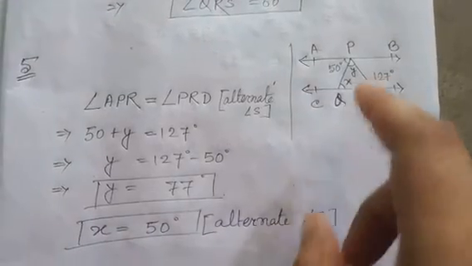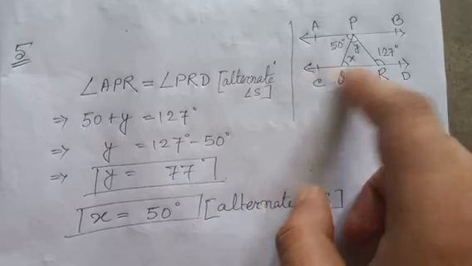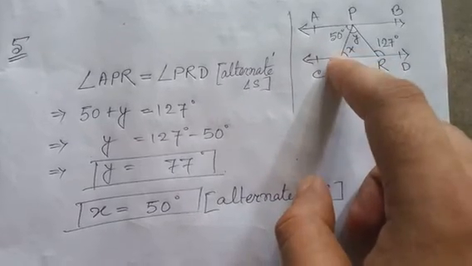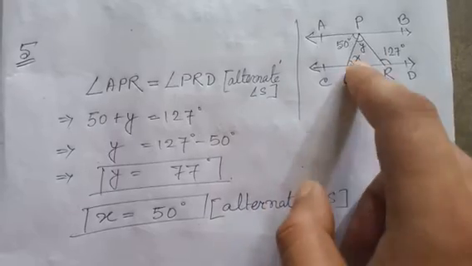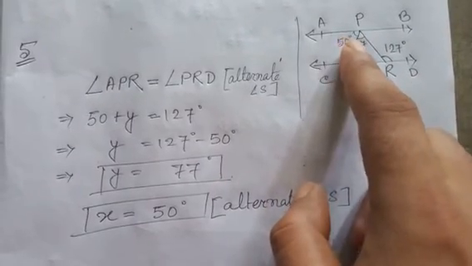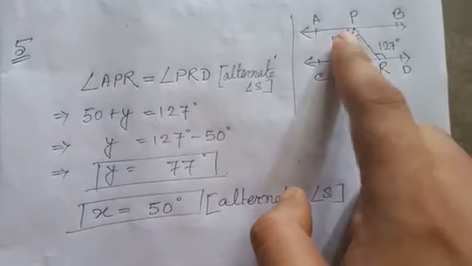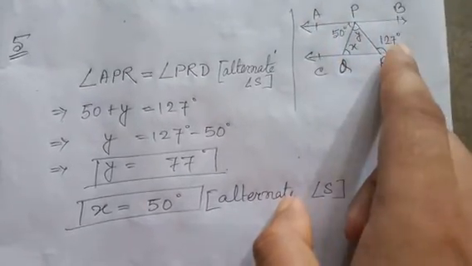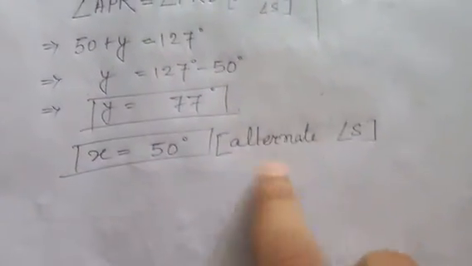Now question number 5. It is a given picture. AB and CD are parallel. We need to find x and y. X equals 50, because these two angles are alternate angles. It is a transversal. Therefore x equals 50, alternate angles.